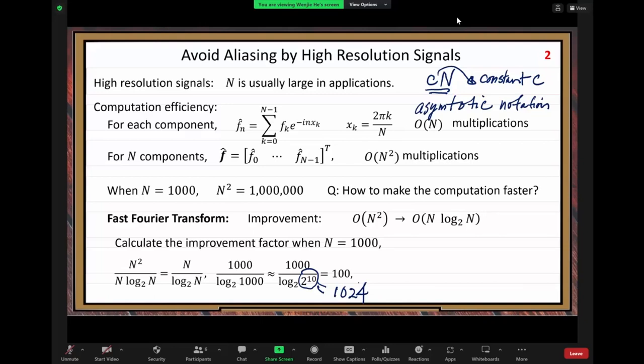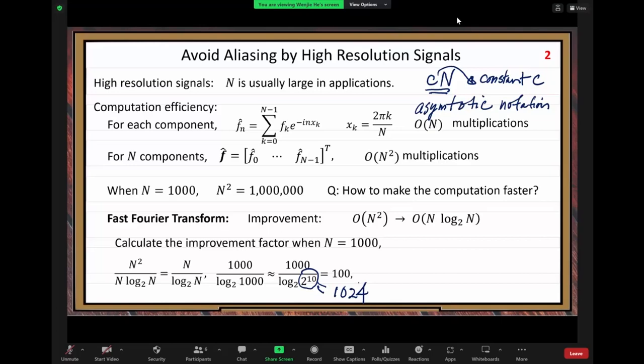You can get the same result. That's the power of the fast Fourier transform. A 100 to 1 ratio improvement, that's for n equals 1,000 sampling rate.